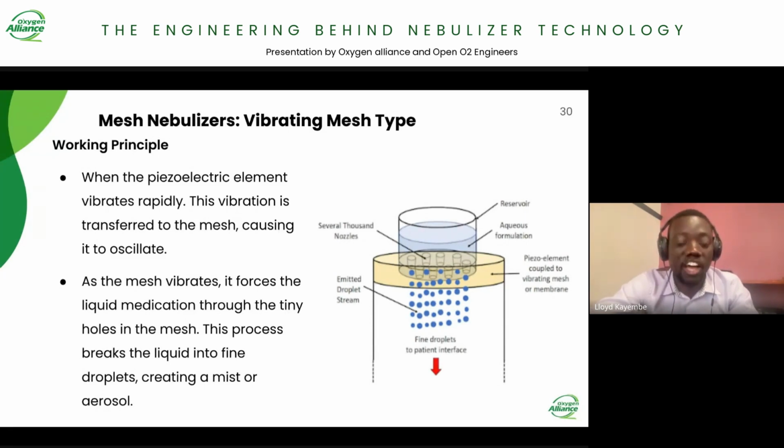These vibrations force the liquid medication through the tiny holes, and this process breaks up the liquid into fine droplets, creating the mist itself. So this is how the vibrating mesh type nebulizer works.